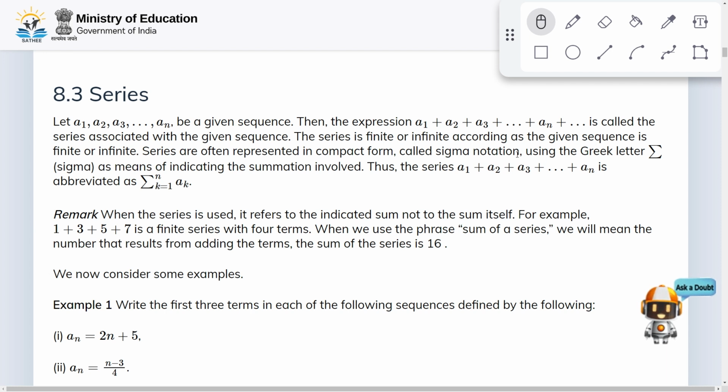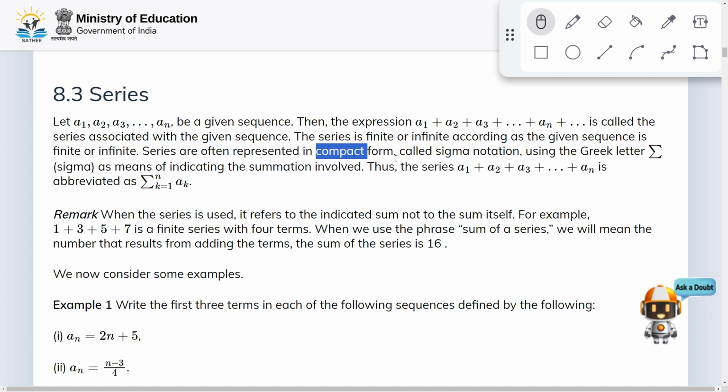So first term plus second term plus third term till the nth term, plus more terms if there are. Such an expression is called a series. A series can be finite or infinite according to the given sequence.